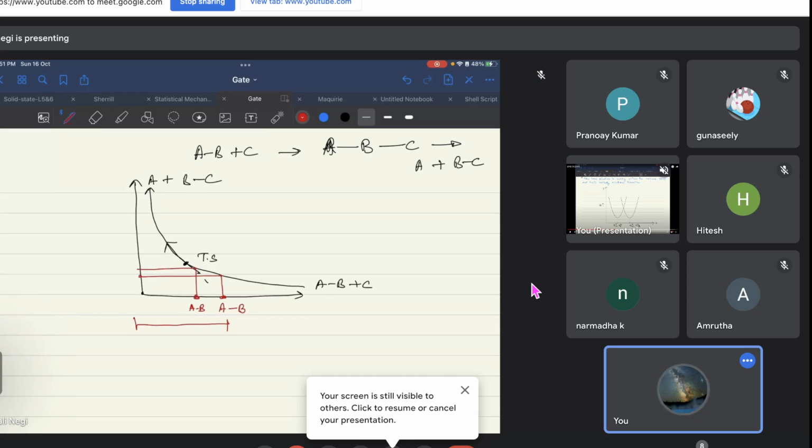So this particular stretch was contracting.